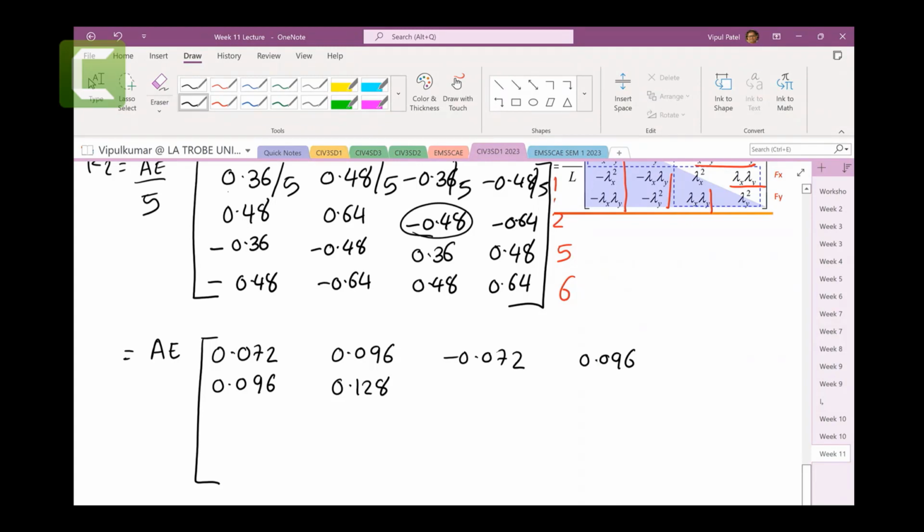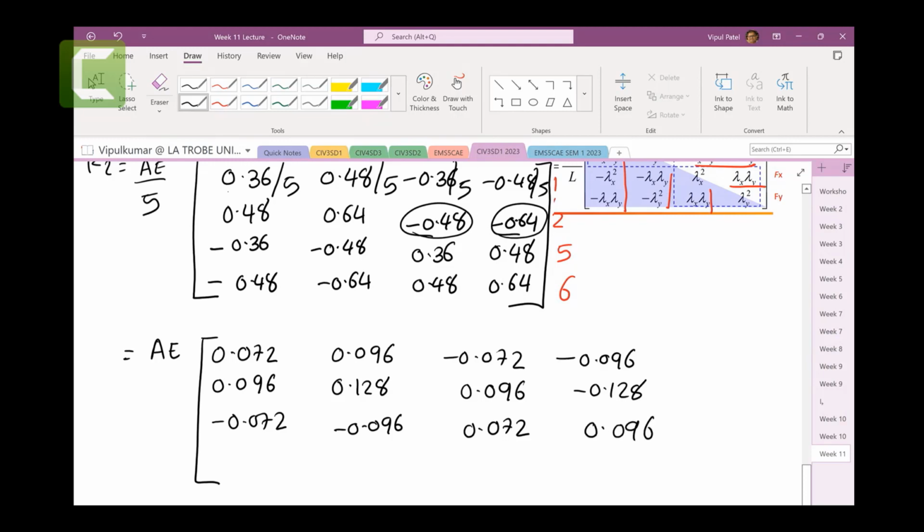So 0.48 is 0.096, 0.64 is 0.128. 0.36 is 0.072, then minus 0.072. 0.48 is minus 0.096. 0.36 is 0.072. 0.48 is 0.096.